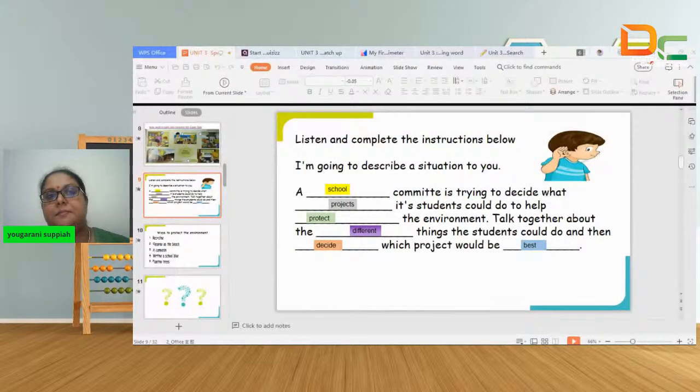Okay. If we look at the picture given, ways to protect the environment: number 1, recycling; number 2, cleaning up the beach; number 3, a campaign; number 4, writing a school blog; number 5, planting trees.